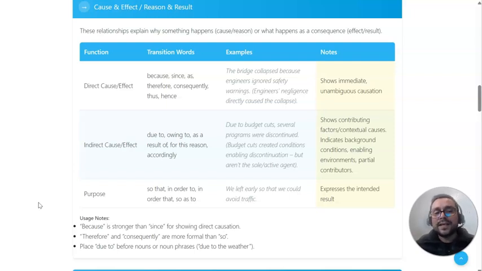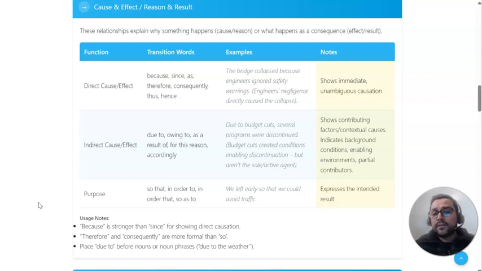We also have indirect cause and effect with transition words like due to, owing to, as a result of, for this reason, and accordingly. For example, due to budget cuts, several programs were discontinued. In this sentence, budget cuts created conditions enabling discontinuation, but aren't the sole or active agent.